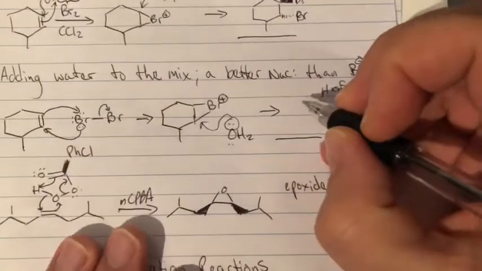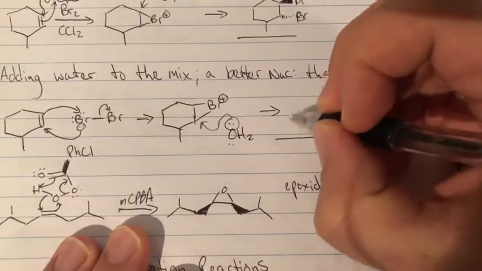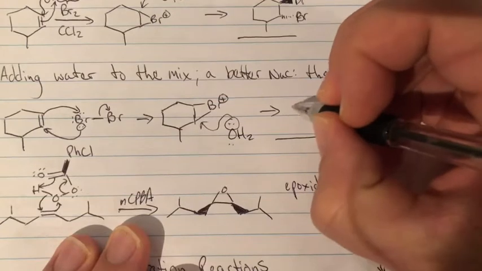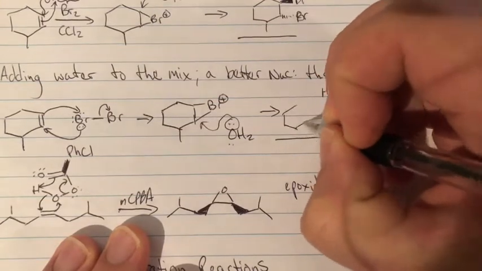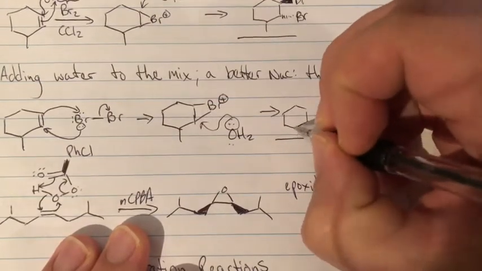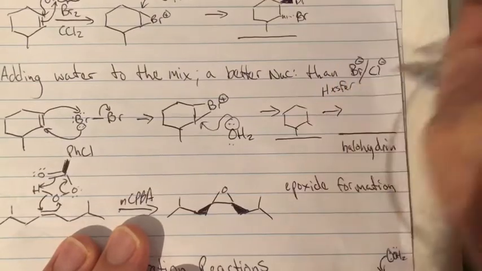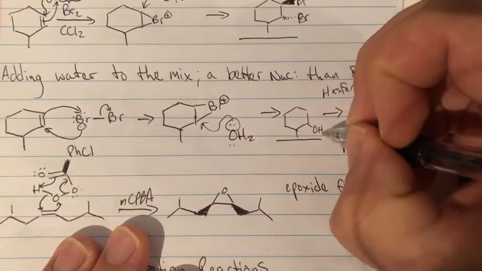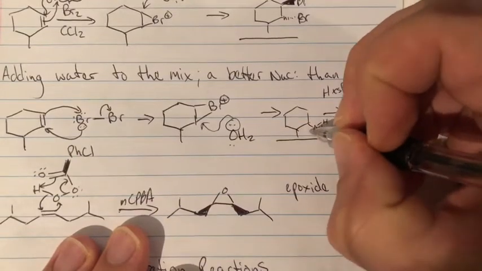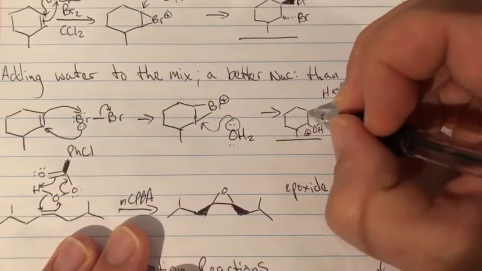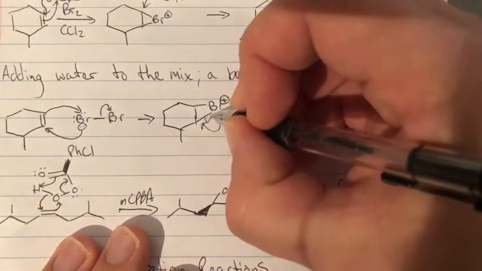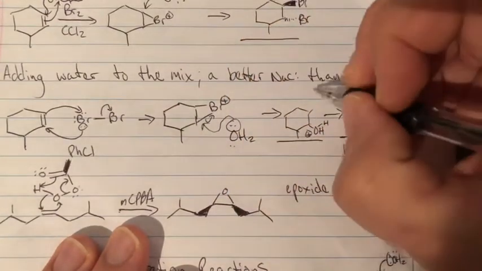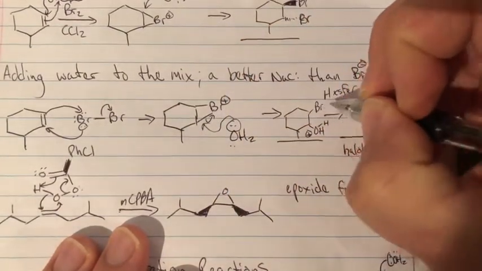Okay, so in other words, we're going to see this positive charge now. This is going to come off to go back to bromine to satisfy its charge.